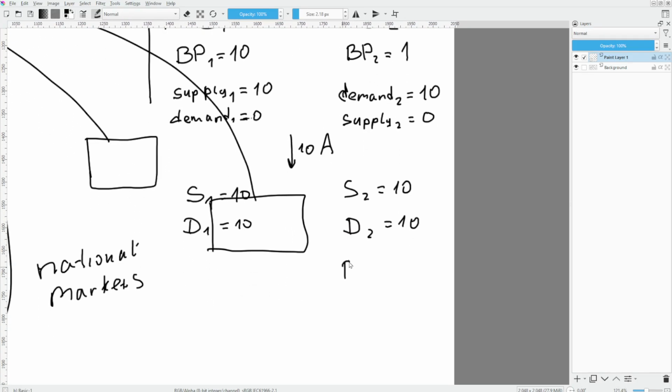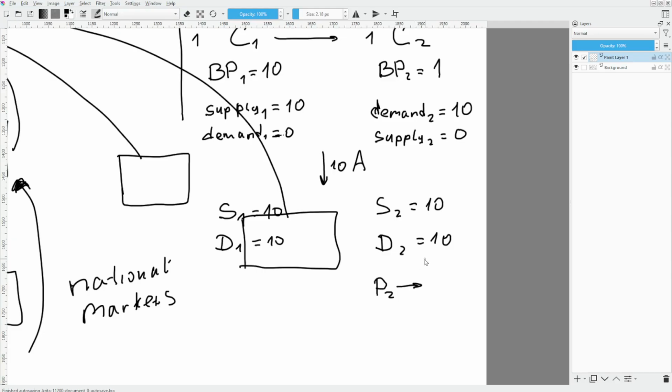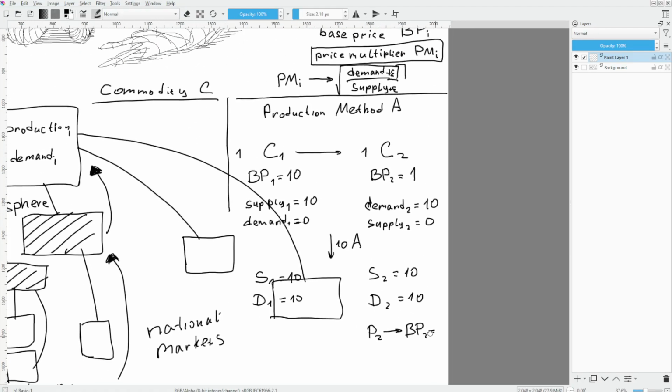And here we'll see that price 2 tends to base price 2, which is equal to 1, because the ratio between supply and demand is 1.